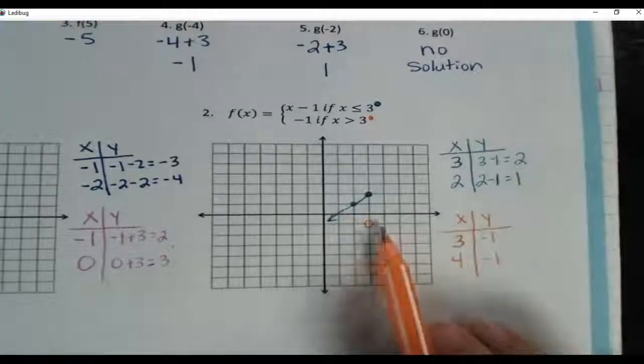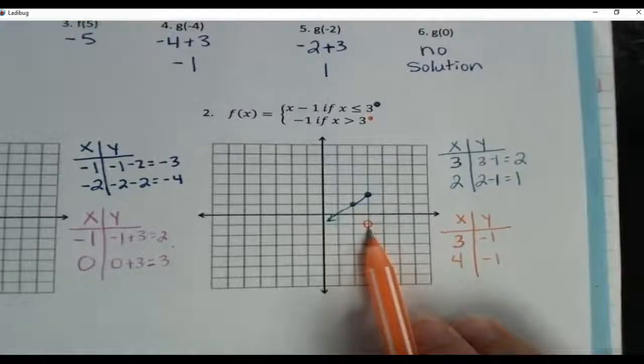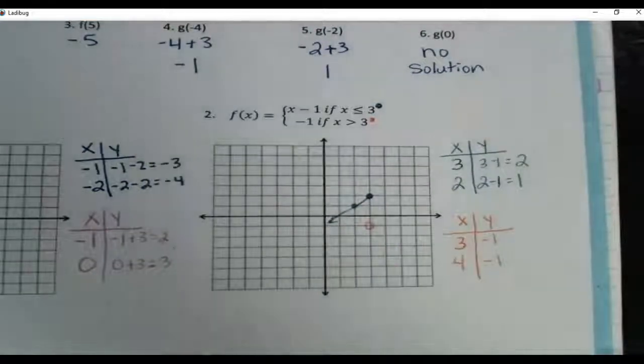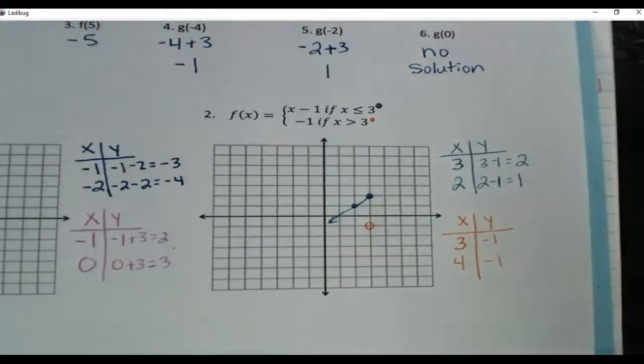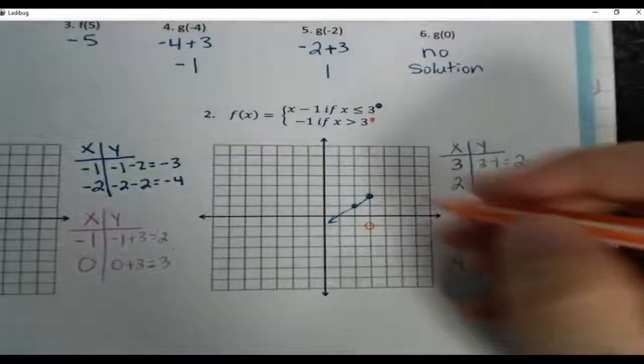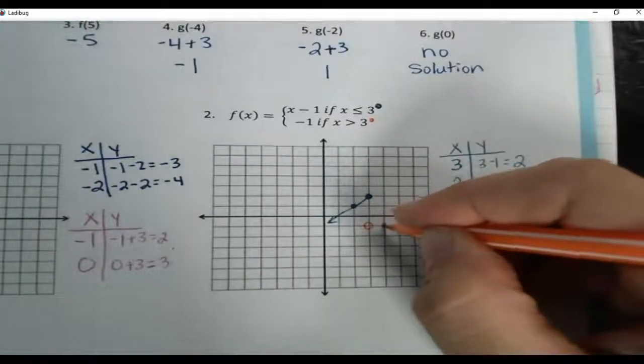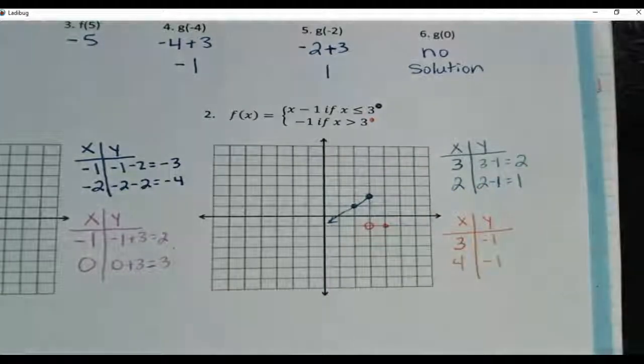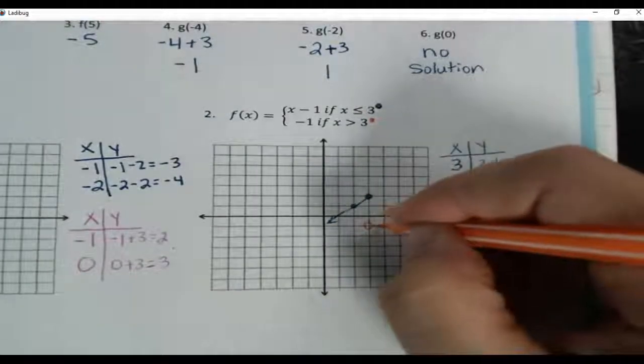So then you include 3, but that's why it's open. So it's saying it's starting at 3, but it's everything after that. So it starts at 3, but it doesn't include the 3. Does that make sense? Oh, yes. Yeah. Brittany. Lindsay. So then 4, negative 1 is there, and again it's just a horizontal line.